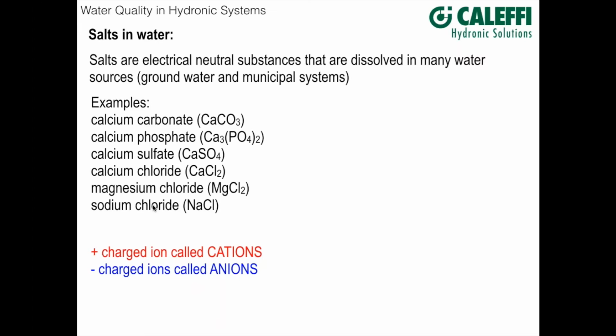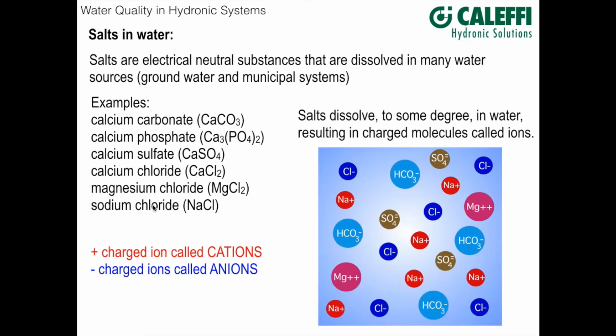So cations and anions. And here's just kind of a pictorial representation of what's happening. When we take these salt molecules and put them in water and they do dissolve and they break up into ions, you can see, again, this is not exactly what they look like, but it's a pictorial representation. The thing I want you to notice is that there are negative ions and there are positive ions.